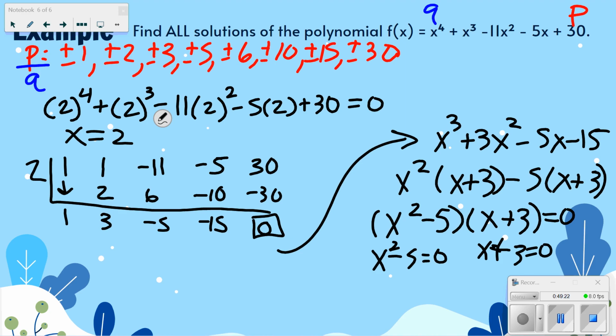So x plus 3 equals 0. Easy does it. What do you know x would equal? Negative 3. What about x squared minus 5 equaling 0? What would that equal, Eamon? Great job. So x would equal plus or minus root 5.